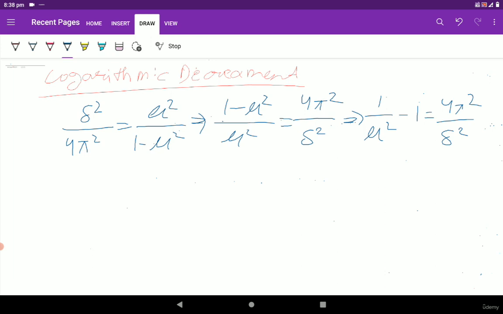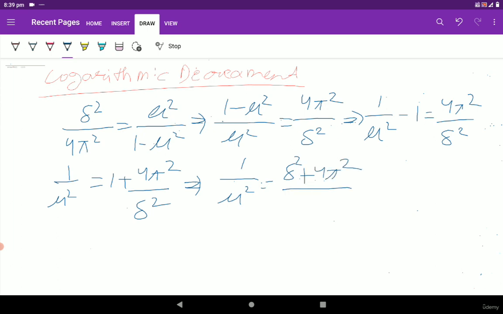So 1 by damping factor square is equal to 1 plus 4 pi square by del square, which is equal to del square plus 4 pi square divided by del square. Further solving, damping factor square is equal to del square divided by 4 pi square plus del square.